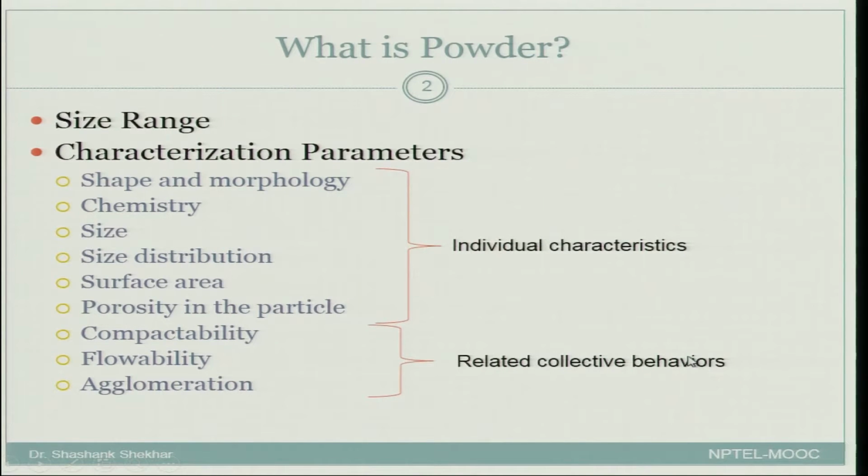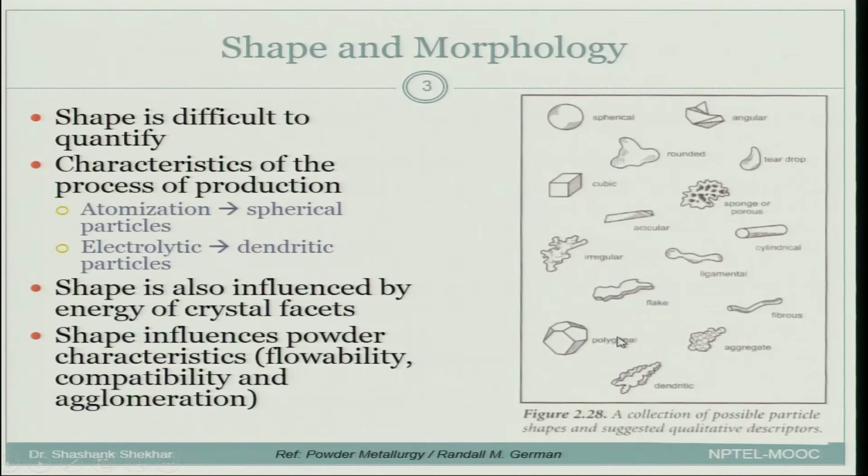And in that context, we found that shape and morphology of the powder particles can be very wide and very different. It can be as simple as spherical, angular, rounded, teardrop, porous sponge, and you name it, you have a shape over there. So there are various kinds of shape that are possible.